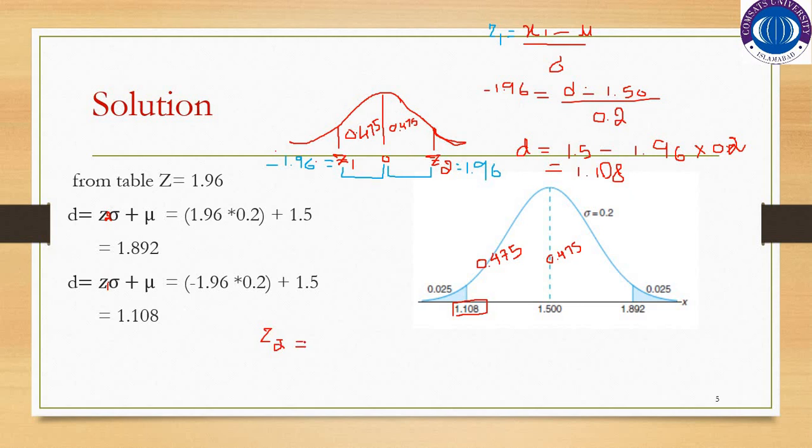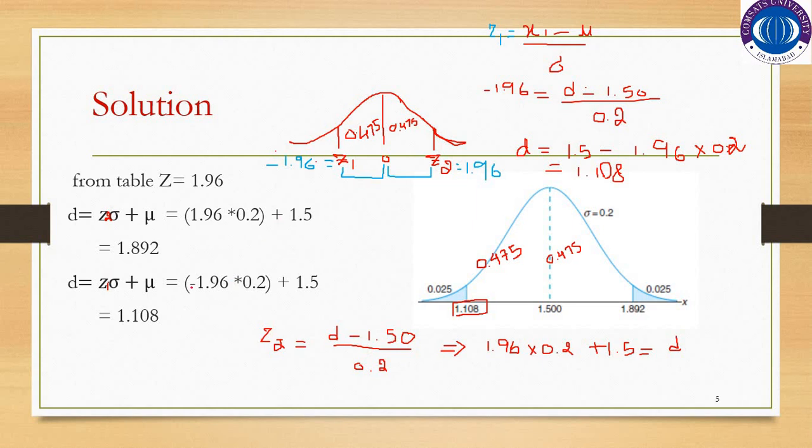Z2 is equal to d minus 1.50 whole divided by 0.2, and by simplifying this, we will get 1.96, as you know, into 0.2, and this would be plus 1.5, which will be equal to d.